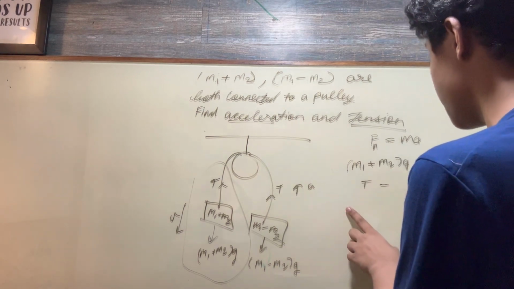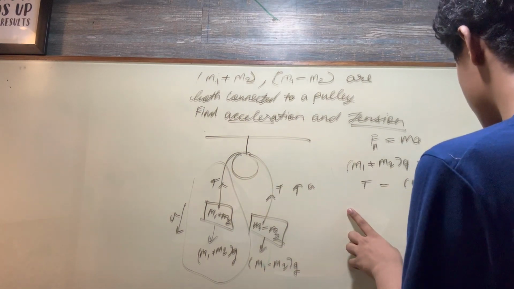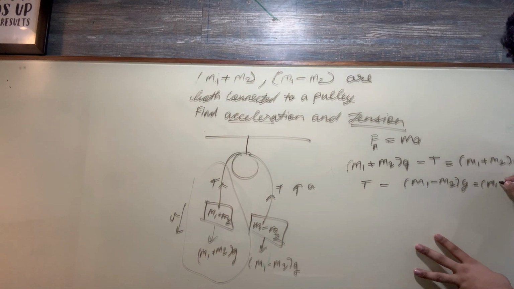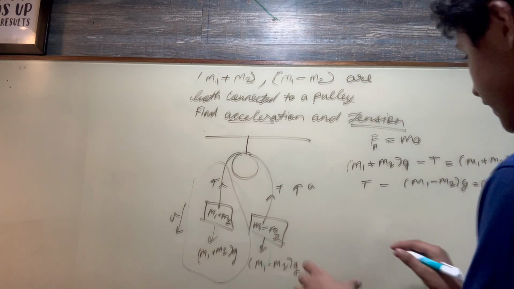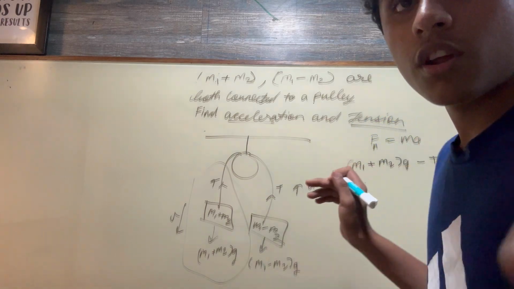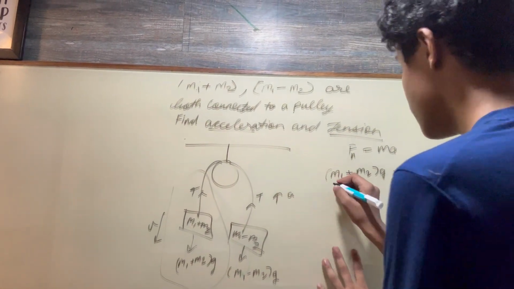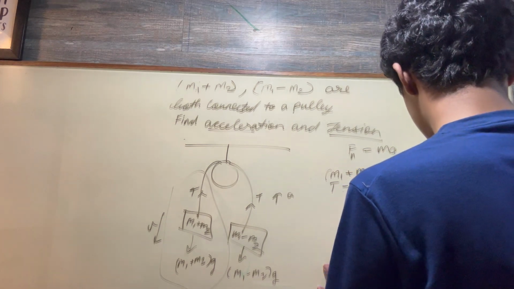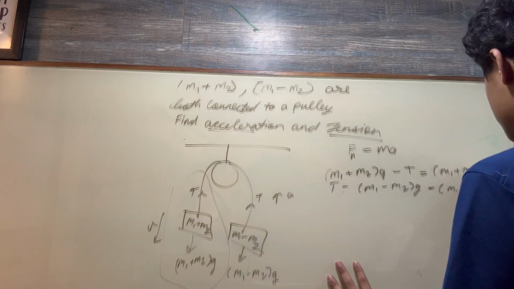So we take T minus (M1 minus M2)g is equal to (M1 minus M2)a. I'll write this one again because you can't see it that well: T minus (M1 minus M2)g is equal to (M1 minus M2)a.